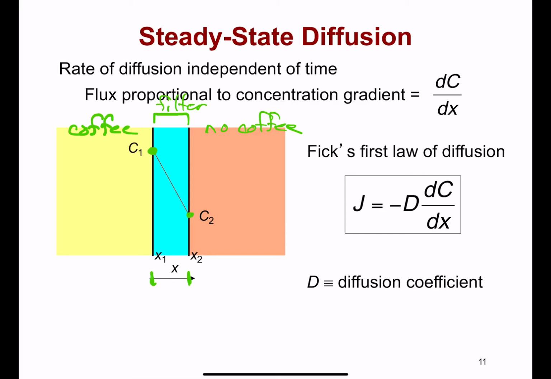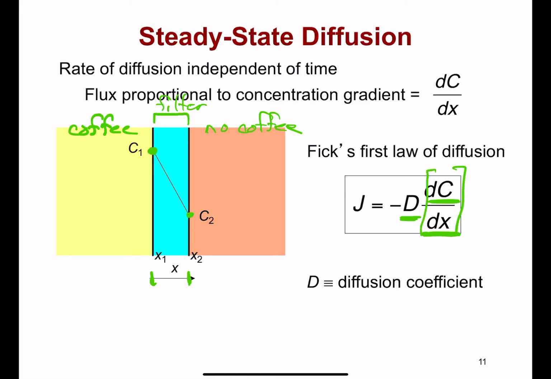Okay, and so to derive Fick's law here, we need a proportionality constant to help us understand the change in concentration from C1 to C2 across our boundary defined by the distance x. So x2 minus x1 is the dx of this piece.